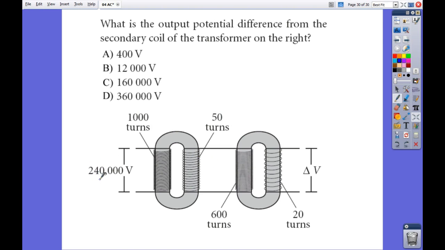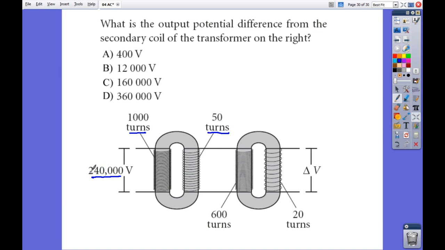So as you can see here, from 1,000 to 50, it decreases like 1 over 20. Yeah, 1 over 20.